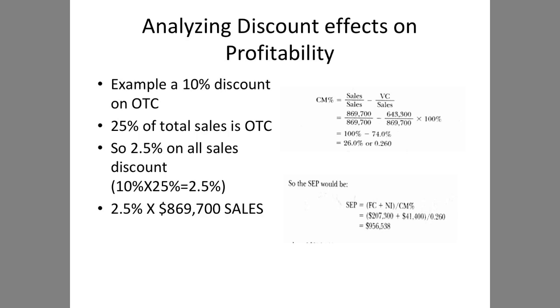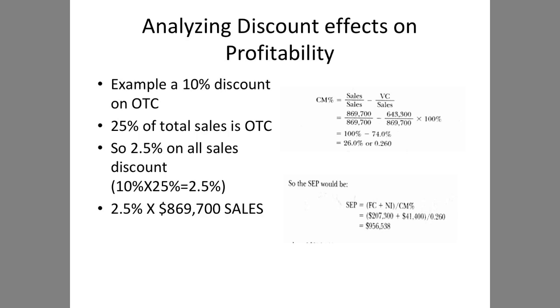If I want to do a 10% discount on my OTCs, and 25% of total sales is OTCs, that means that 2.5% of all sales are going to be discounted. So I take that 2.5% times 869,000.